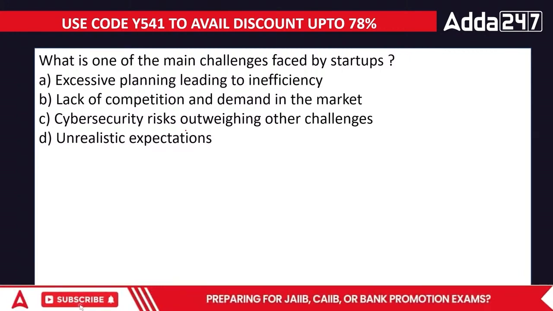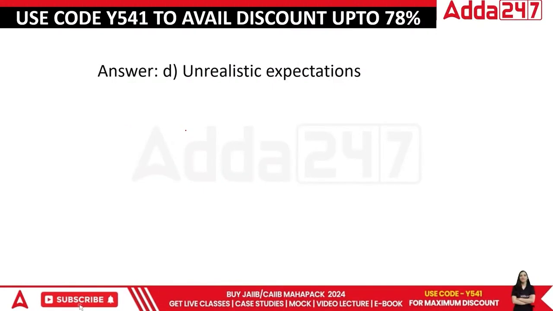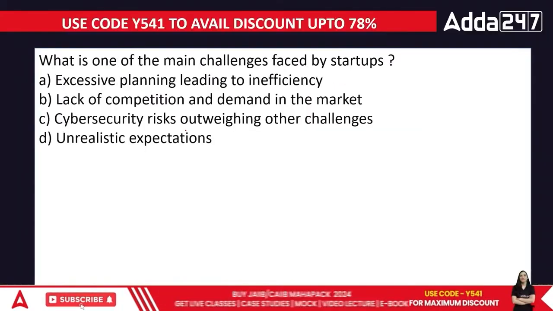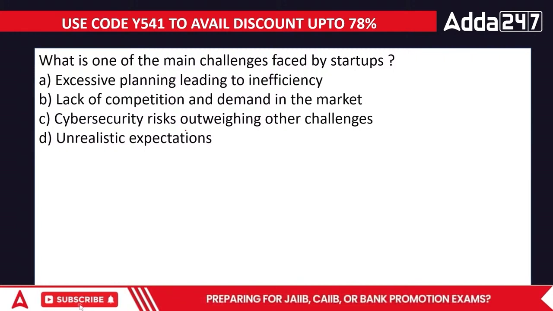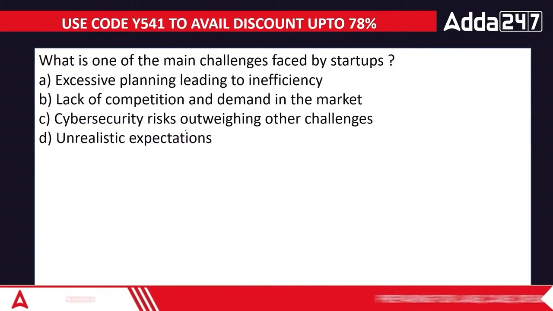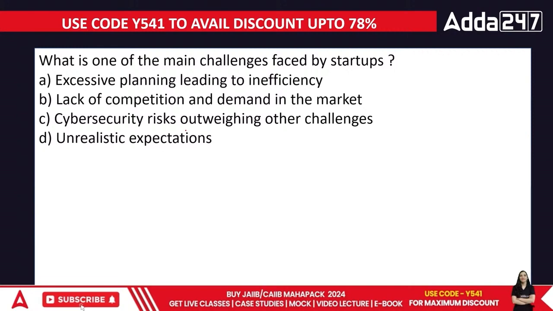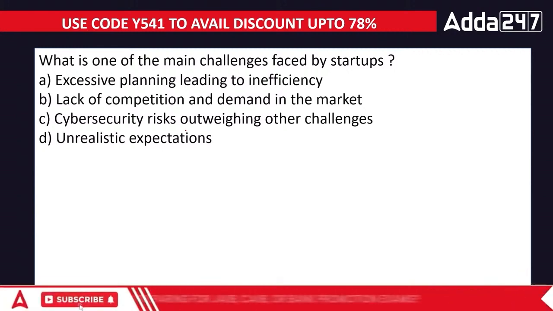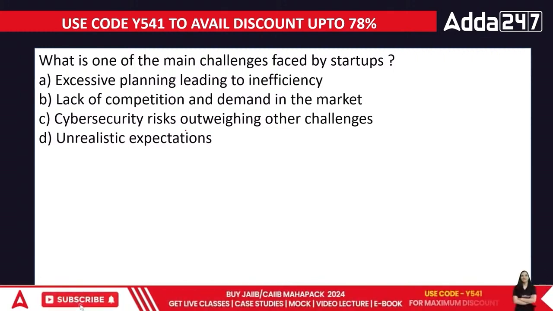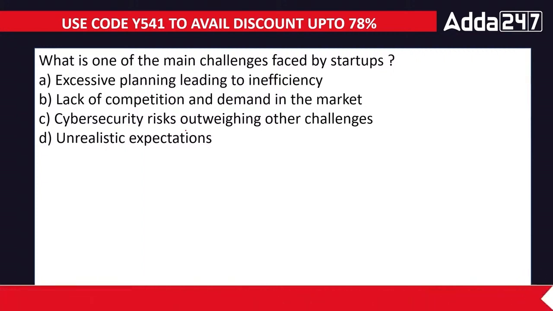Excessive planning leading to inefficiency, lack of competition. No, this is not the point. One of the problems is unrealistic expectations. Okay, they are talking about the main thing, cyber security. Well, cyber security is also one of them. Which one is the main challenge? Okay, we are talking about main challenges. Unrealistic expectations is one of the basic areas because they don't know how they'll go to the market, and sometimes there are organizations which have set very huge expectations, but it doesn't work that way.